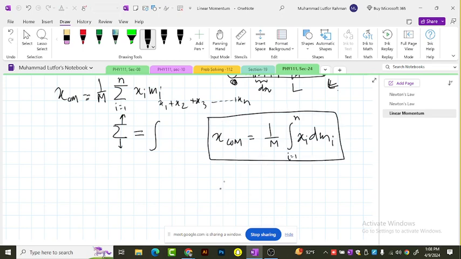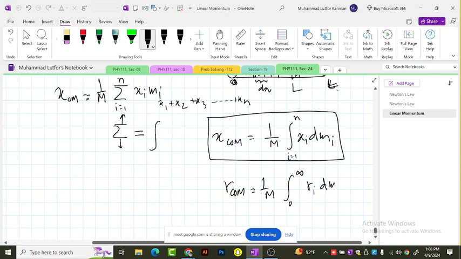Sometimes you will also find r com equals 1 over m, integral from 0 to infinity of ri dmi. This is one more formula to find the center of mass for this case, but it's a general formula.